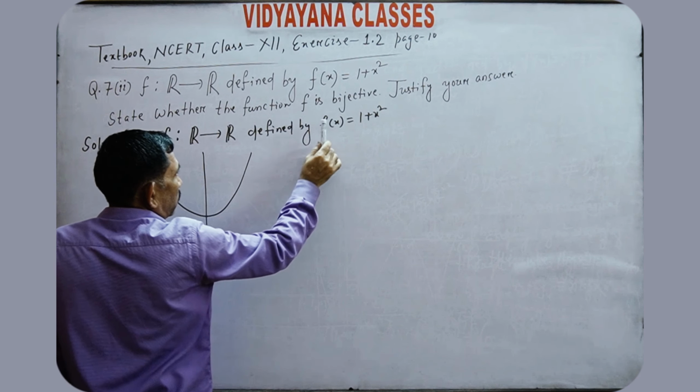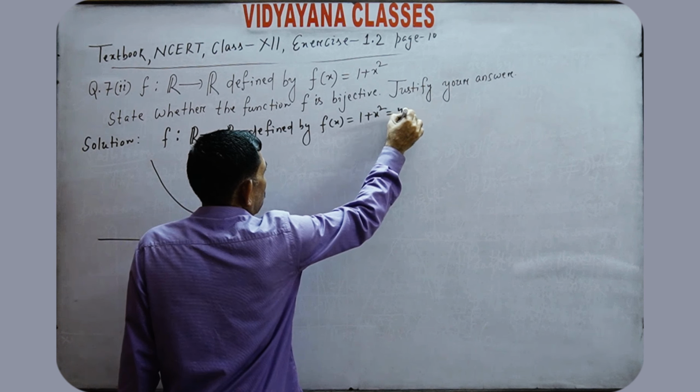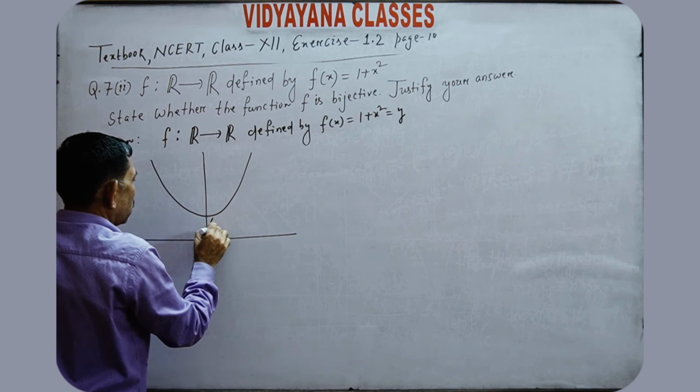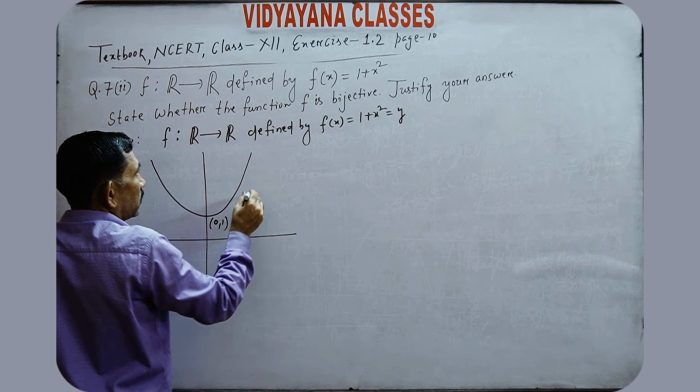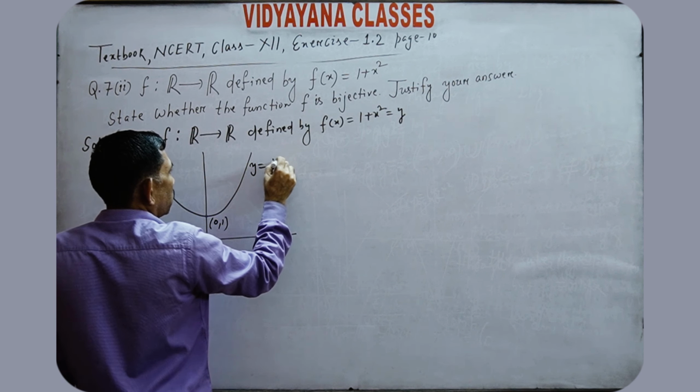For x equal to 0, y is equal to 1. Y is equal to 1 plus x square.